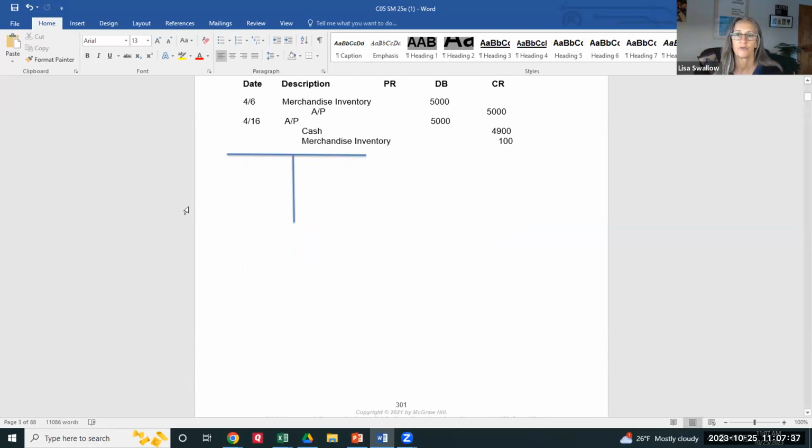So then you're going to have $4,900 in your debit side down here. That is the cost basis of your merchandise inventory. Because when you go to sell it and move it into cost of goods sold as an expense, the per unit cost for those bags of pet food is not 5,000 bucks, it's 5,000 minus the $100 discount.